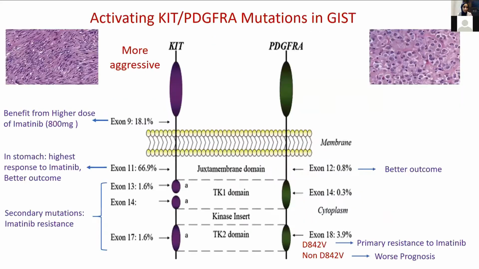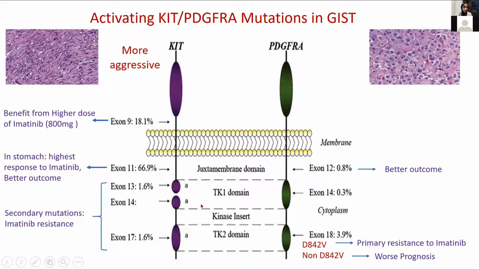We're gonna focus on the most common drivers, KIT and PDGFR mutations. So KIT and PDGFR are receptor tyrosine kinases. They do have similar structural domains, including extracellular domain, juxtamembrane domain, and they have a split tyrosine kinase domain.